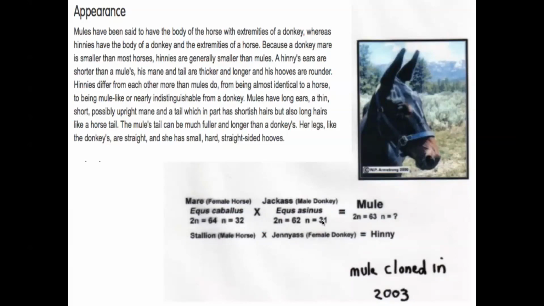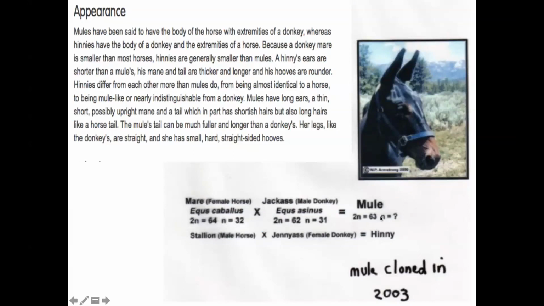But the mule is sterile because those 32 chromosomes are non-homologous relative to the 31 derived from the donkey, so there's no pairing that occurs. So this mule is sterile.